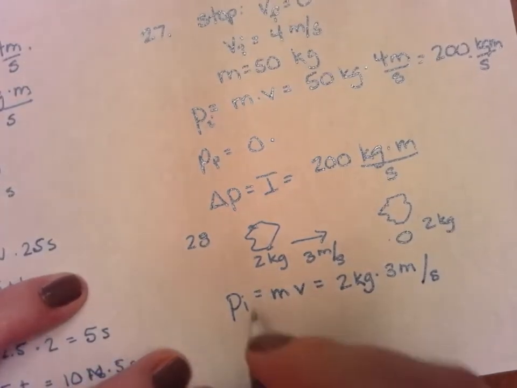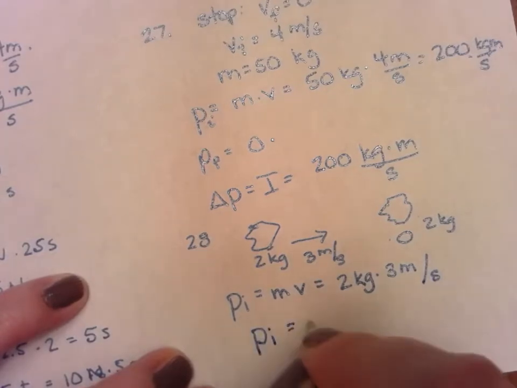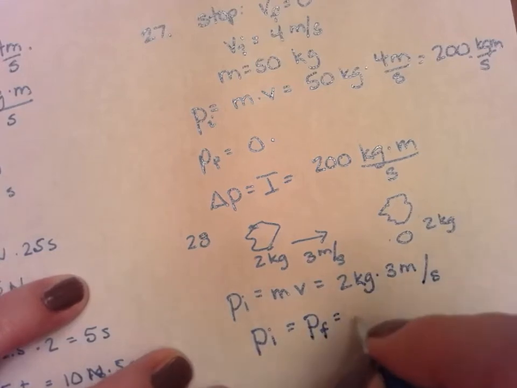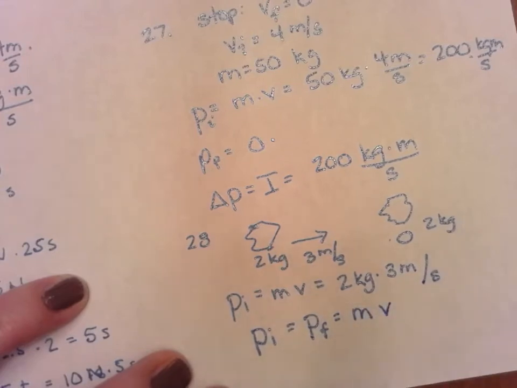In this case, because momentum is conserved, my initial momentum is equal to my final momentum, which is equal to mass times velocity.